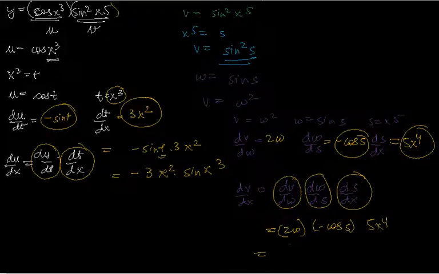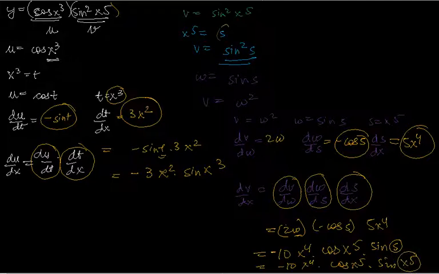So you can write 10 into x to the power 4, 10 because 5 into 2 is 10, into minus cos of, in place of s I will write x to the power 5, and in place of w I'll write sine of s. So it is minus 10 into x to the power 4 cos of x to the power 5 into sine of x to the power 5, where you have assumed s is x to the power 5.